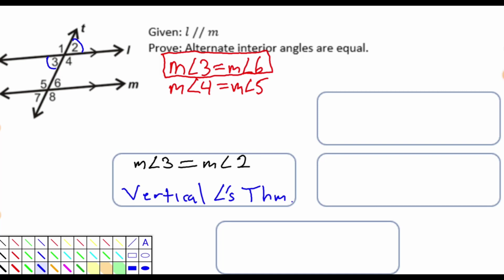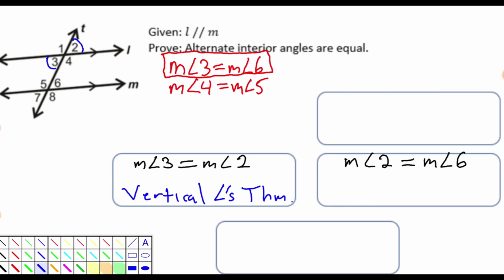Now the next part. Now we need to connect angle 2 with angle 6. And so I'm going to write it right here. I'm going to skip the first box, and hopefully you understand why. So the measure of angle 2 is equal to the measure of angle 6.